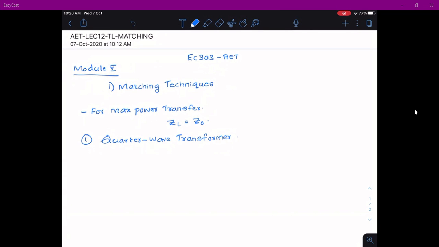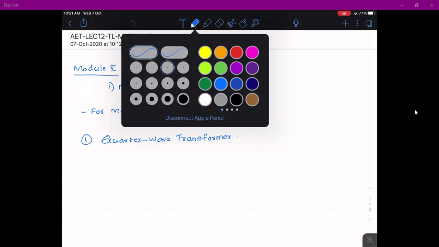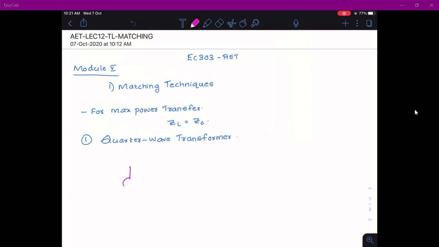So let us consider a transmission line. You have a generator, you have a transmission line with impedance Z0, and then it is connected to a load with some load impedance ZL.